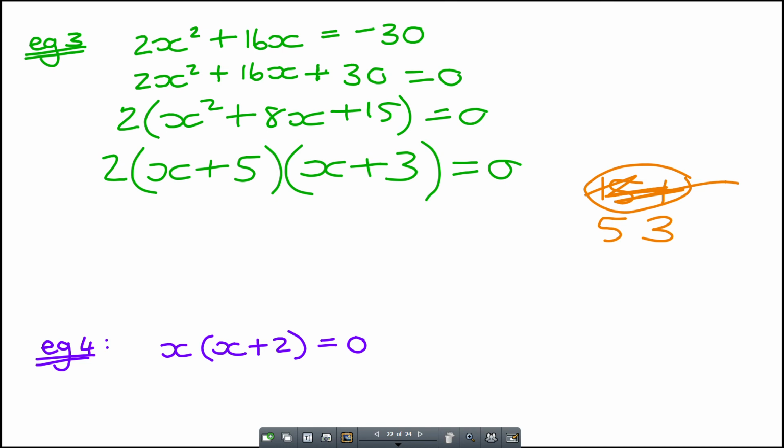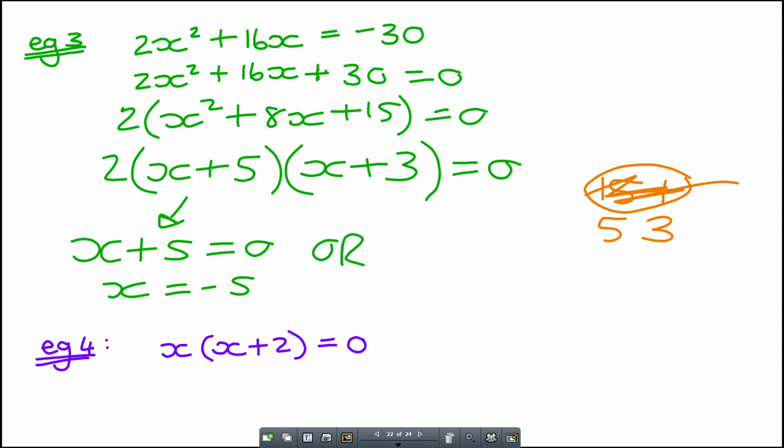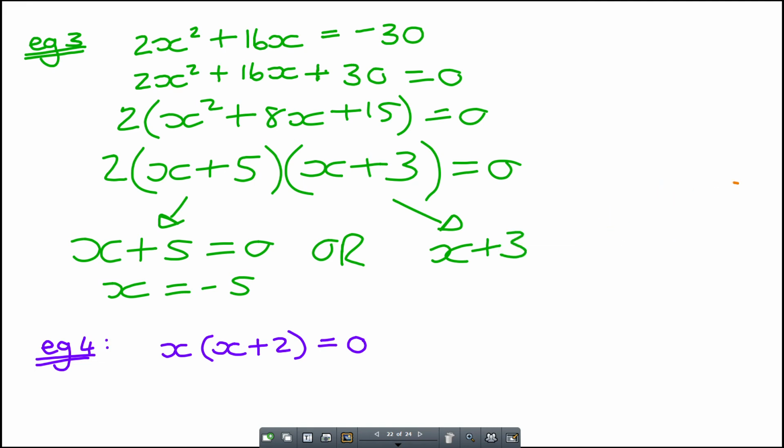And now I can say, okay, this bracket, make it equal to 0. So x will be minus 5. Or make that bracket equal to 0. So x will be minus 3.